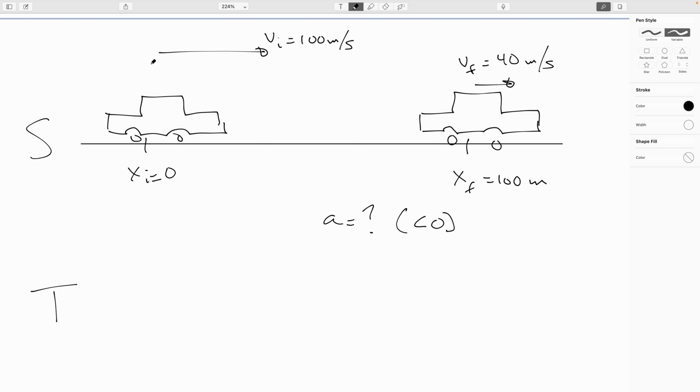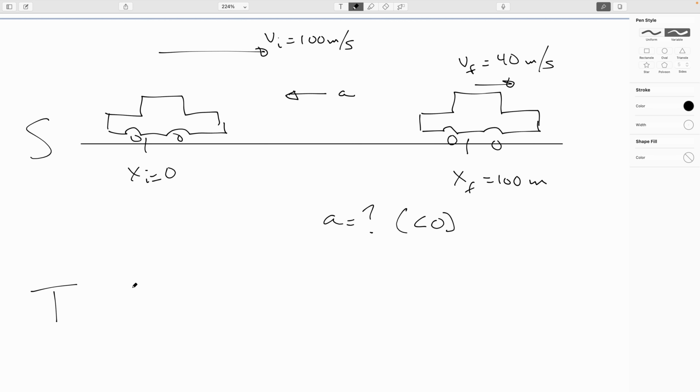We get this because we're going to the right quickly, and then we're going slower to the right. So if we're going to the right and slowing down, that means the direction of my acceleration is to the left. Since the acceleration is pointing to the left, my answer is negative. So before I've even done a lick of math, I've already figured out that the acceleration is negative.